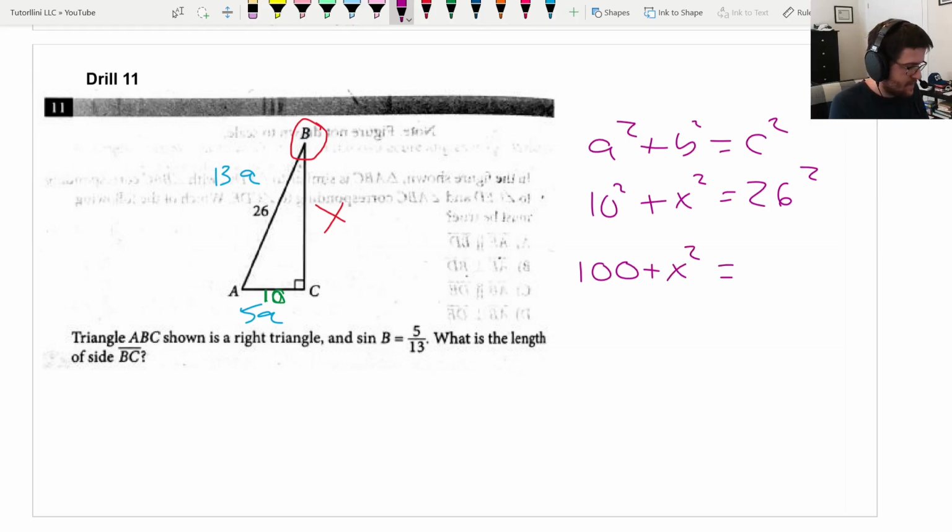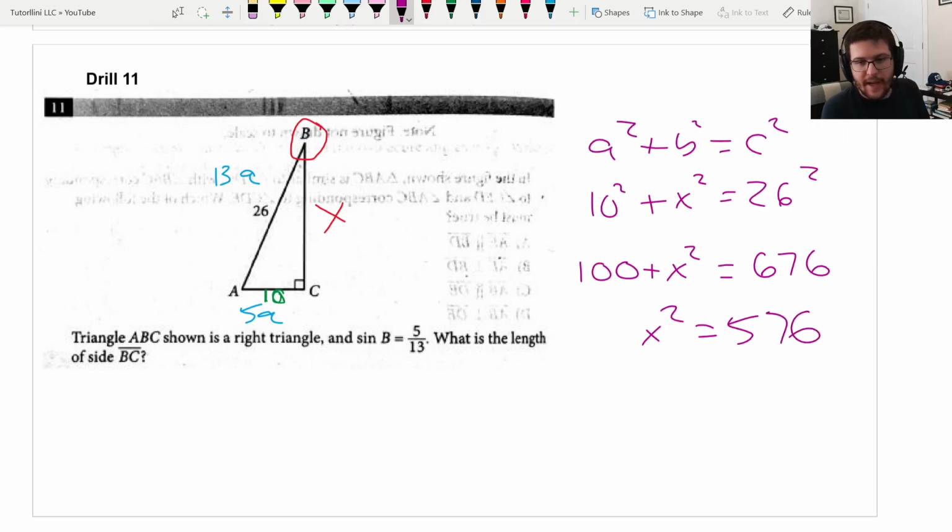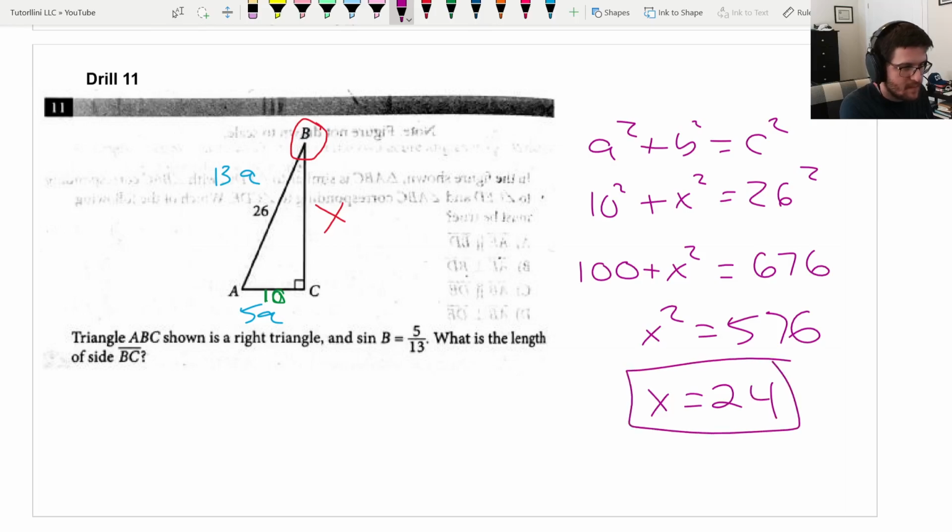Let's see. 676. Subtract 100, we get X squared equals 576. And now we take the square root, and we get X is 24. And that is correct.